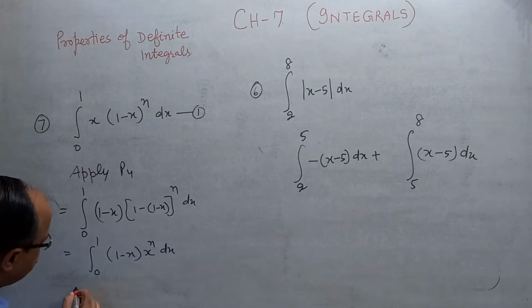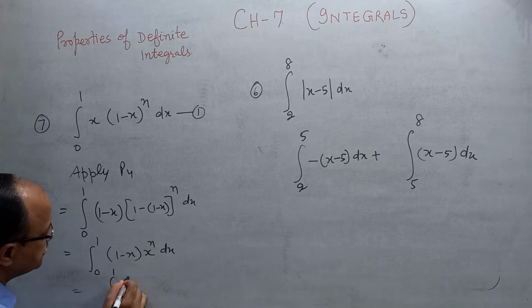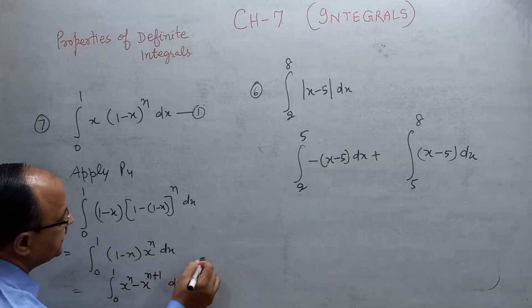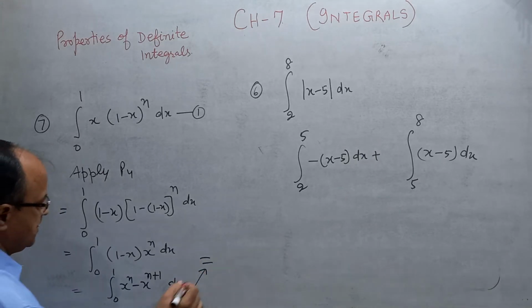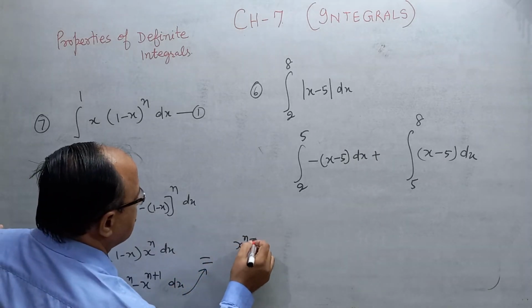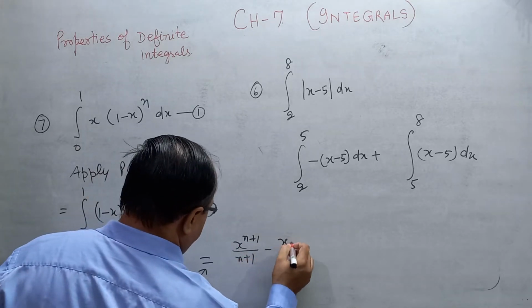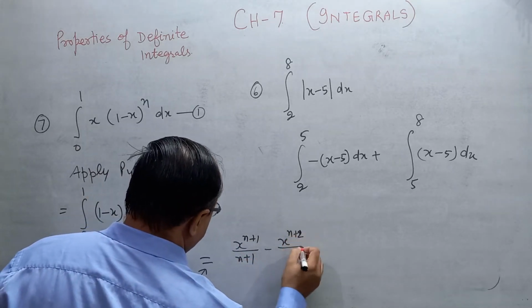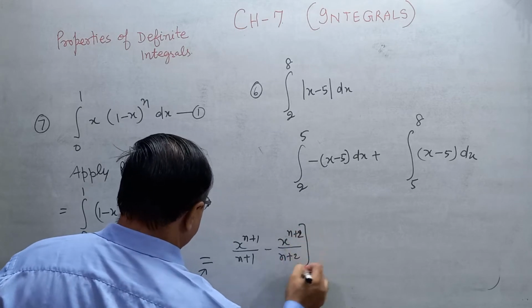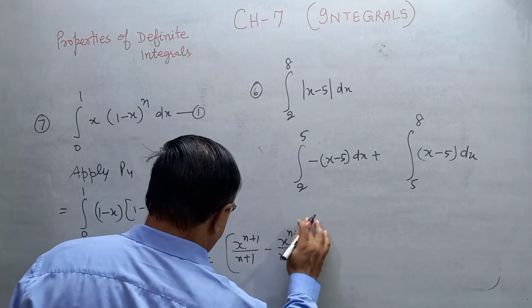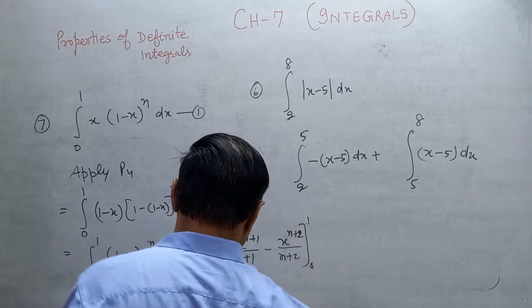Multiply: integration 0 to 1 of x to the power n minus x to the power n plus 1 dx, and the integration of this is x to the power n plus 1 by n plus 1 minus x to the power n plus 2 by n plus 2, limit 0 to 1.